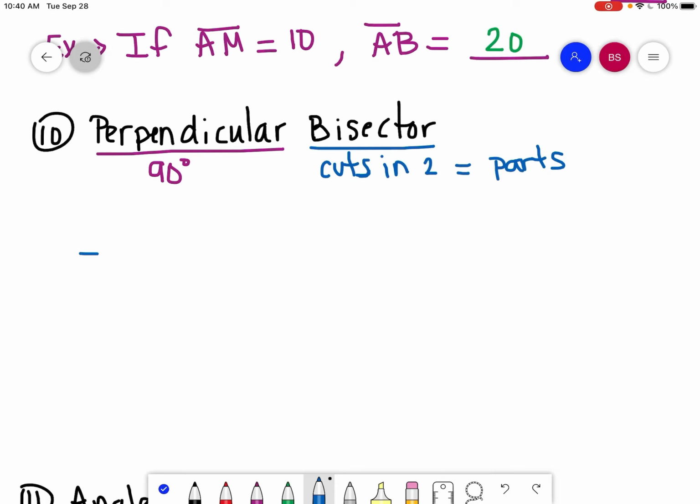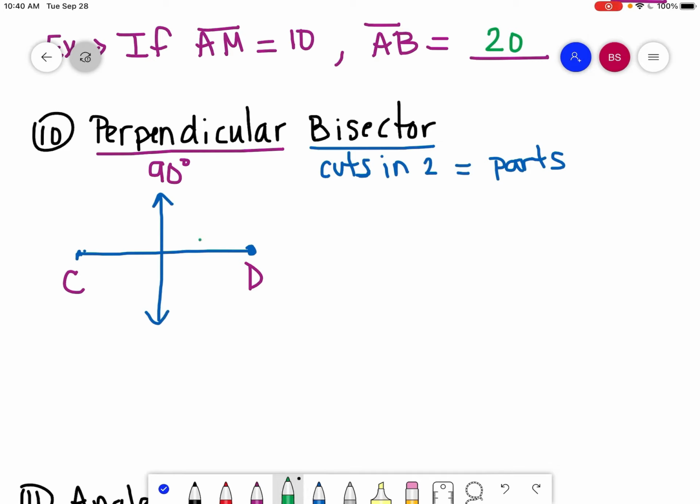All right, so let's draw one first. To have a perpendicular bisector, you do have to start with a segment. And let's call it CD. Okay. Now, here is the bisector.